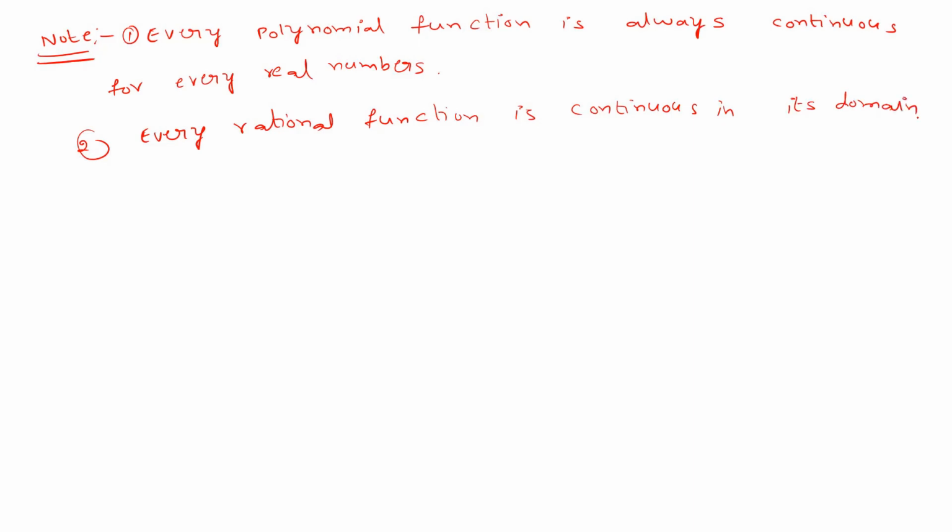That is, f of x is in the form of a rational function, p of x divided by q of x. Here the numerator is a polynomial, the denominator is also a polynomial, and q of x is not equal to 0. In these cases we get continuous functions.